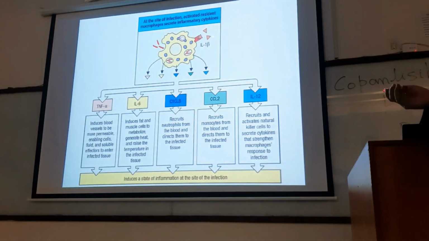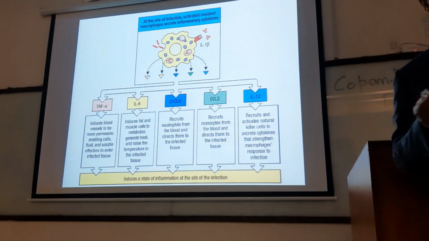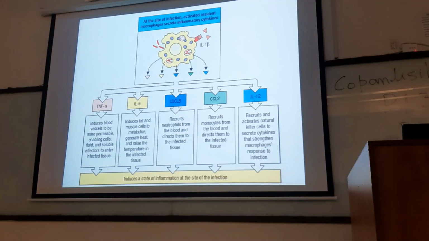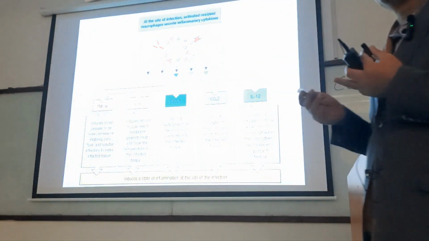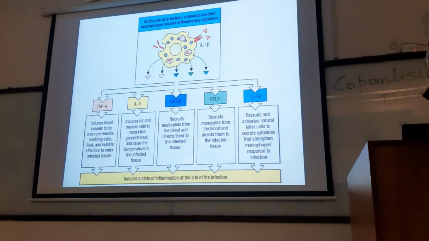One is interleukin-1 beta. The macrophage is filled with interleukin-1 beta. Already there is a lot of preformed interleukin-1 beta. It's very interesting how the interleukin-1 beta is going to exit the macrophage.